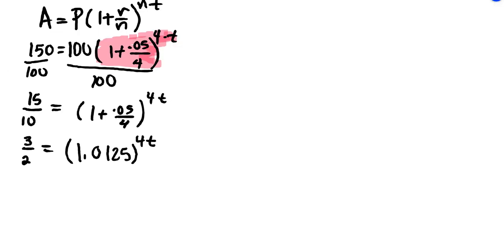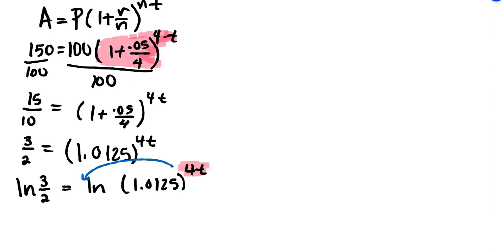We can continue to solve this exponential equation by taking the log of both sides. So I'm taking the log on the left and the log on the right. And once you introduce the logarithm, you can now use the power rule to move this exponent out in front of the log.